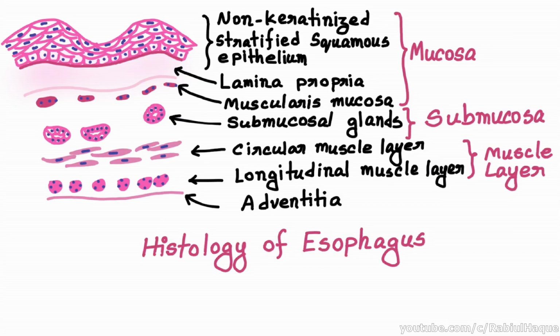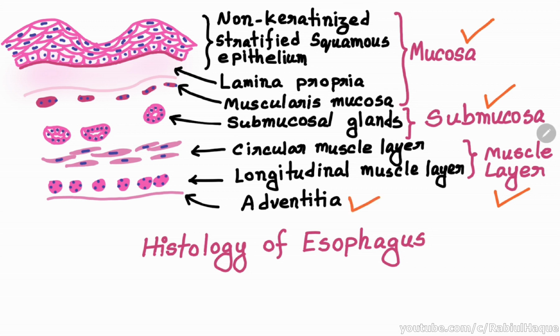First question, what do we mean by squamous cell carcinoma of the esophagus? Now recall from my previous video on tumors of the esophagus, we had seen that the wall of the esophagus has 4 layers. From inwards to outwards, they are mucosa, then beneath the mucosa there is submucosa, then there is the muscle layer that includes inner circular and outer longitudinal muscle layers, and at the end the outermost layer is adventitia.